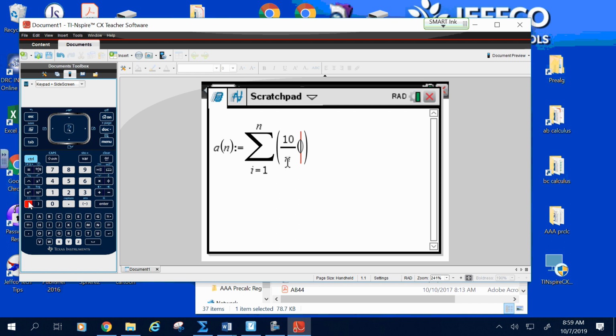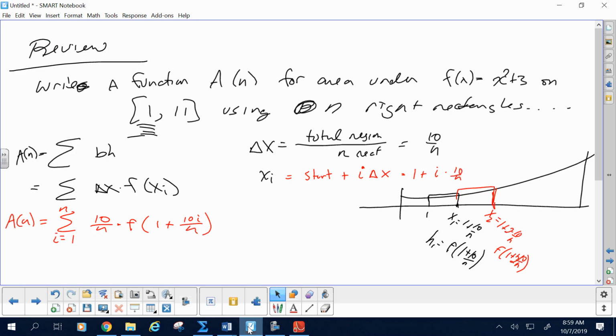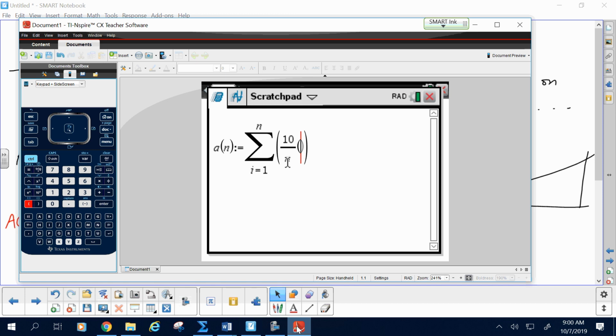The height depends on what x's you're plugging in and what the function is. So what we're going to plug in place of every x is 1 plus 10i over n, and we're going to do that in this function. So I need a blank squared plus 3 kind of general function. So I'm going to actually use 2 parentheses, 1 for the x squared, and then 1 to enclose the 3. All right, so that's going to be my function of blank squared plus 3.